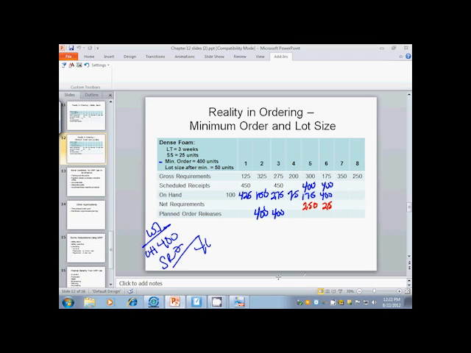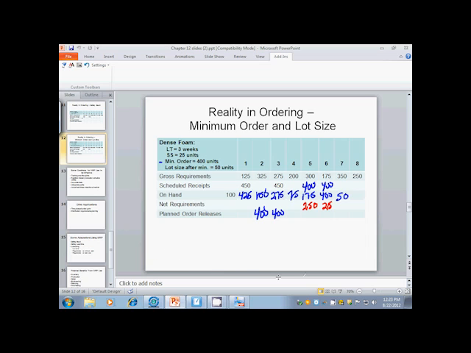That gives us 400 units to be able to use. We need to figure out how many we need for this week. Our gross requirements are 350. So if we subtract those out from what we plan on having and what we plan on using, that leaves us 50 units. Does that satisfy our safety stock? What's our safety stock? 25 units. So yes, that does satisfy our safety stock.